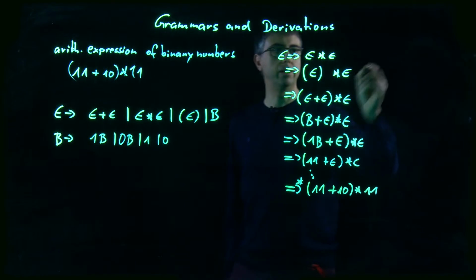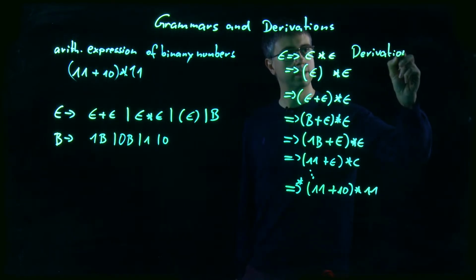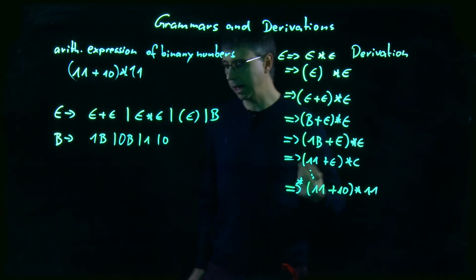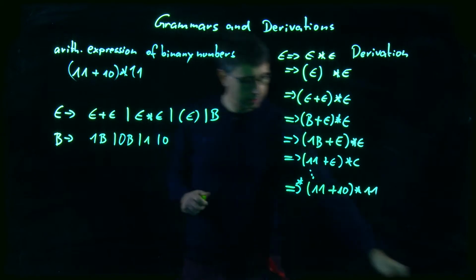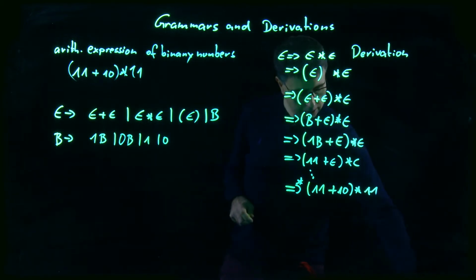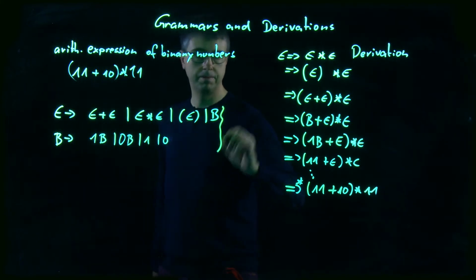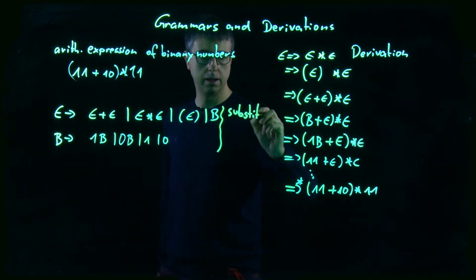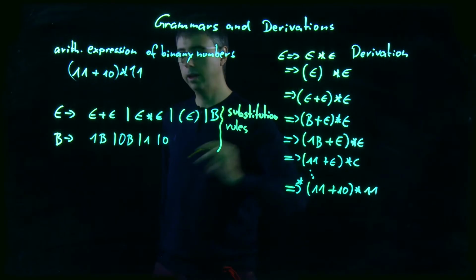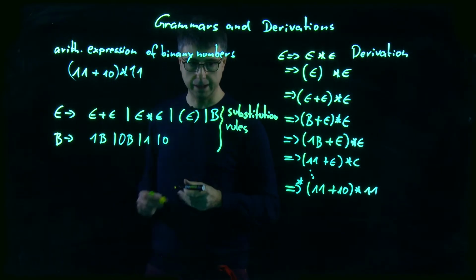This is actually called a derivation. So we start with the start symbol and we derive the word we would like to have. These rules here are substitution rules. The idea being that we always substitute the left-hand side with the right-hand side.